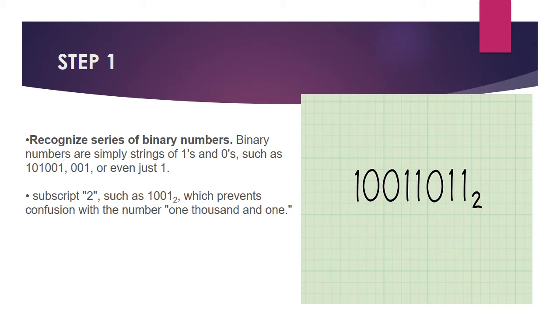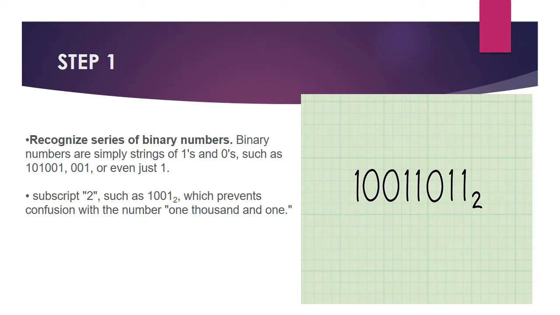Binary numbers are simply strings of ones and zeros, such as 101, 001, 001 or even just 1. If you see this kind of string, it is usually binary.